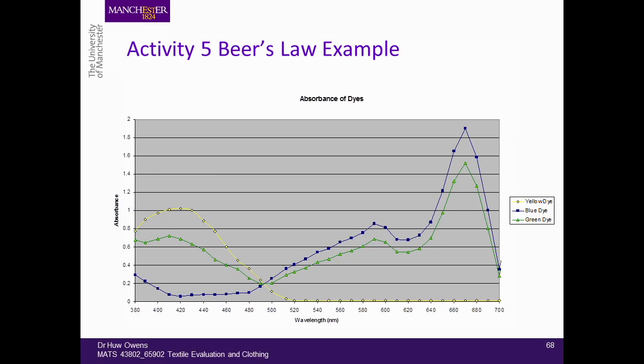So we've measured the values for the yellow dye, we've got measured values for the blue dye, and somebody's sent us the values for the green dye. What we need to do now is work out how much of the yellow dye and how much of the blue dye make up the green dye.